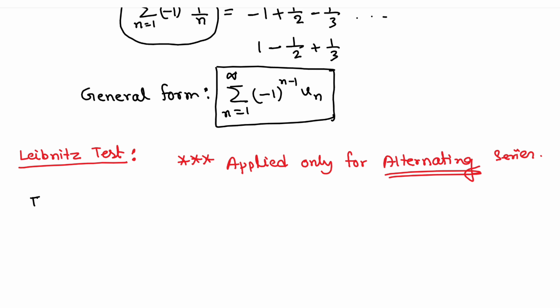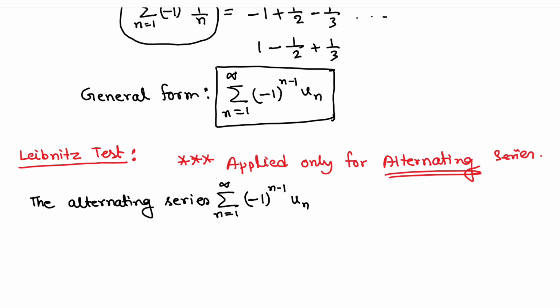The alternating series summation n equals 1 to infinity of minus 1 to the power n minus 1 un (you can write n plus 1 also) converges if we have two conditions.